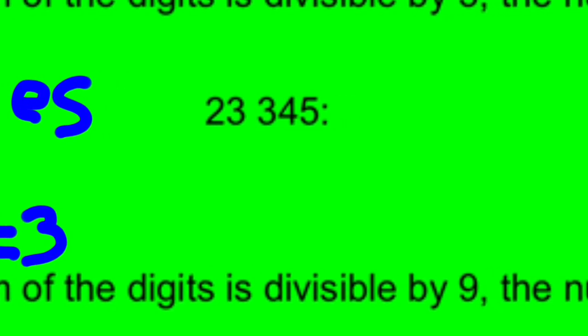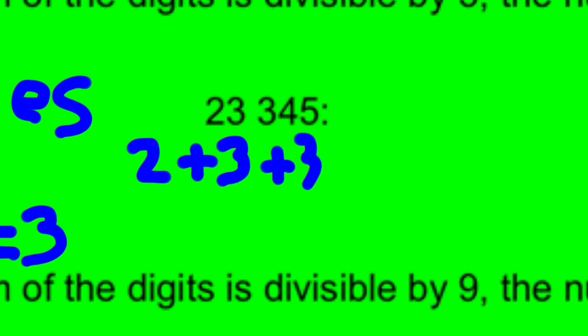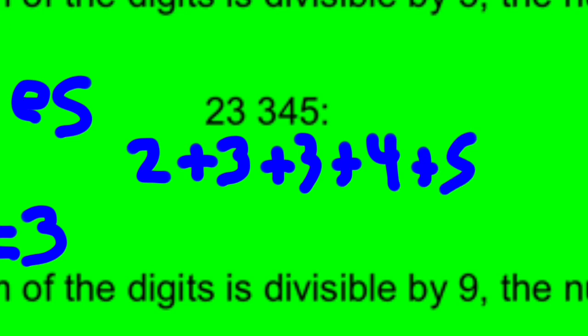Let's look at another example. 23,345. If we want to determine if that number is divisible by 3, we add up the digits. 2 plus 3 plus 3 plus 4 plus 5. Let's do some compatible pairs here. 3 and 3 is 6, plus 4 is 10, plus 5 is 15, plus that 2 is 17.